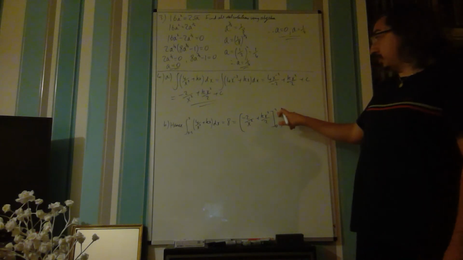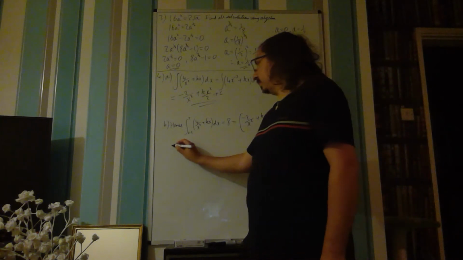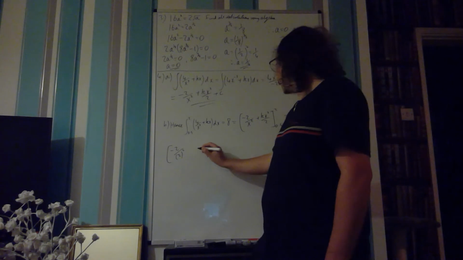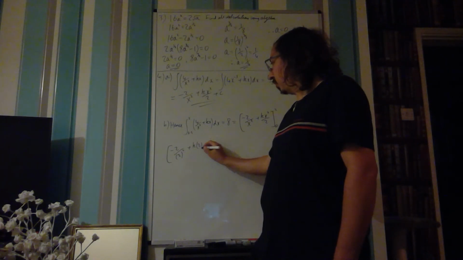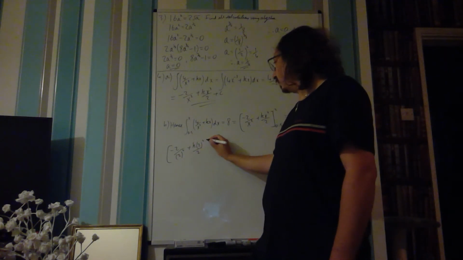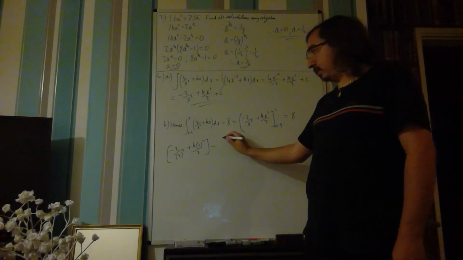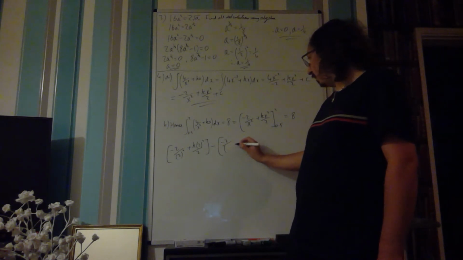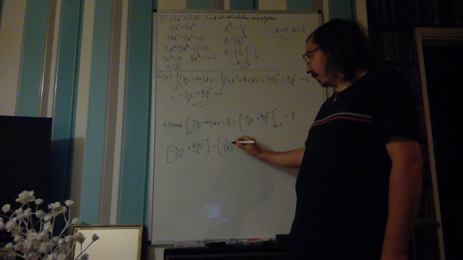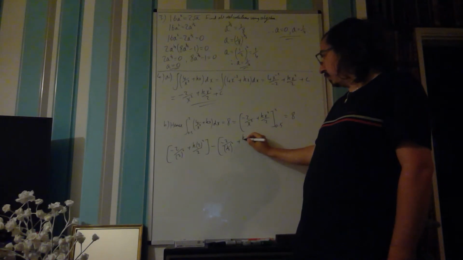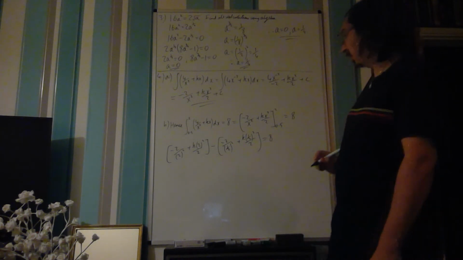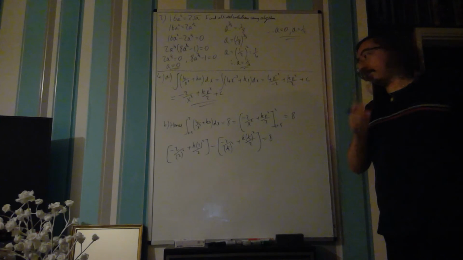Now, with our limits, we substitute in the upper limit, so we substitute in 2 first. So you've got minus 2 over 2 squared plus k 2 squared over 2. Subtract, and then substitute in the lower limit, minus 2 over, and I'll convert that into a fraction, a half squared plus k a half squared over 2, and that's all equal to 8.